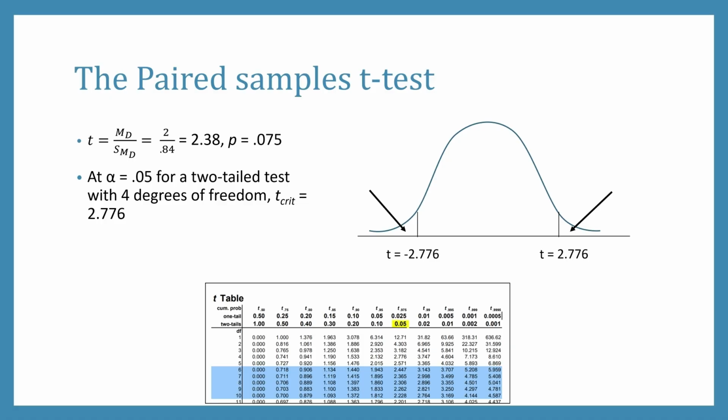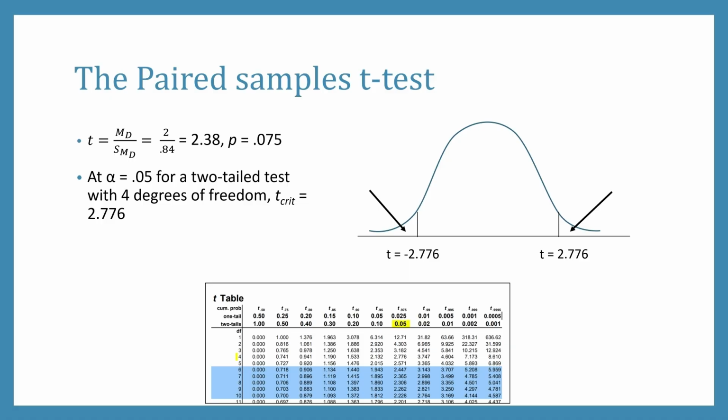So what we want to use is this column right here. The other ones are if you had other criteria for your p-value, where you wanted to be more confident that you're not making a type 1 error, or less confident. But this is going to be the main column that we're going to be using. I guess if we had a one-tailed test, we'd use this one. The other ones are kind of useless.